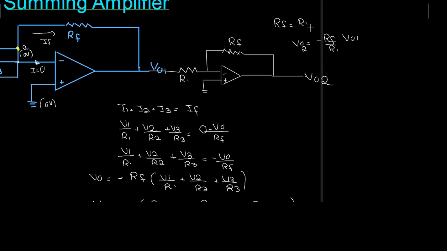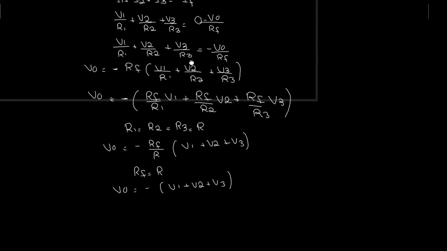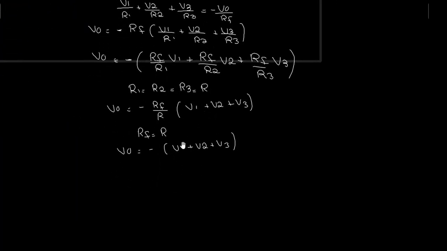But since RF is equal to R1, VO2 will be equal to minus VO1, because RF by R1 will be equal to 1. So in this case, this voltage is going to be the positive sum of the individual input voltages. Let me name it as equation 3.